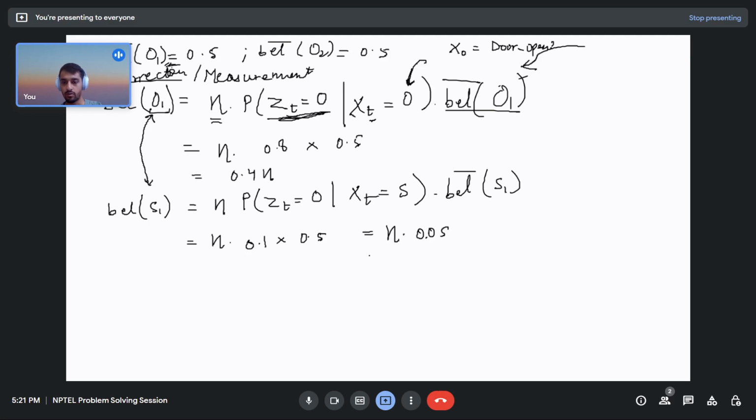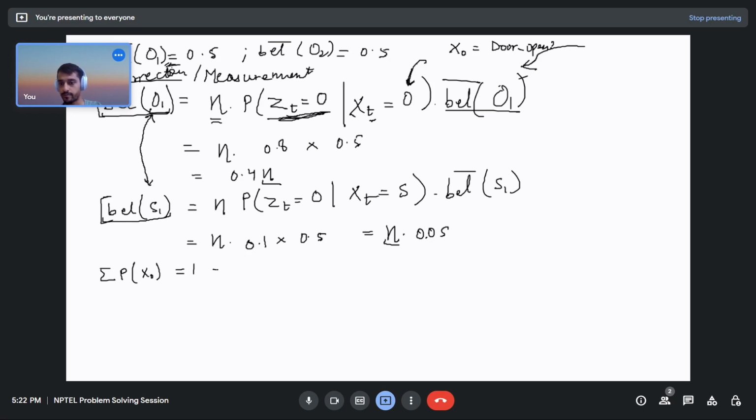Now just the final step to get the numerical values of belief: you want to get the value of the scaling parameter eta. From the law of probability, you know that the net probability of any state should be 1. So what is the net probability here? Either the door can be open or it can be shut.